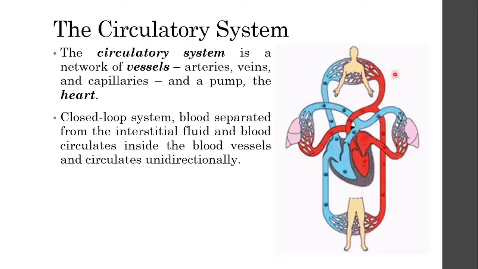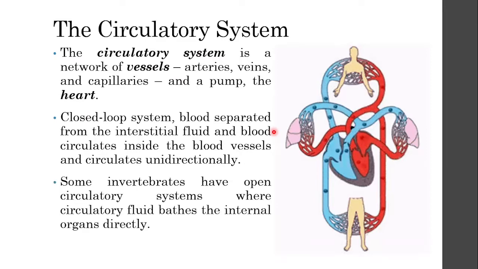Our blood is contained within our blood vessels, which is quite different from some invertebrates which have an open circulatory system wherein the circulatory fluid or the blood is bathing the internal organs, meaning they do not need blood vessels in order to transfer oxygen onto their organs because the blood itself is surrounding their organs. So that is one of the main differences for us, a lot of mammals. Our circulatory system is closed. It's separated from the interstitial fluid, or the fluid that surrounds a lot of our cells and our organs.